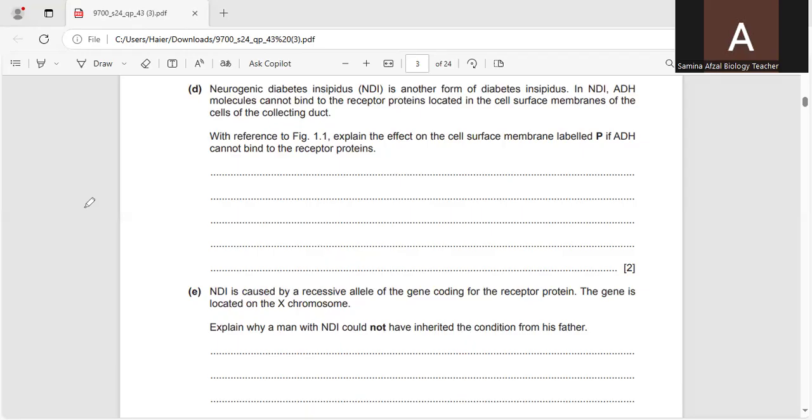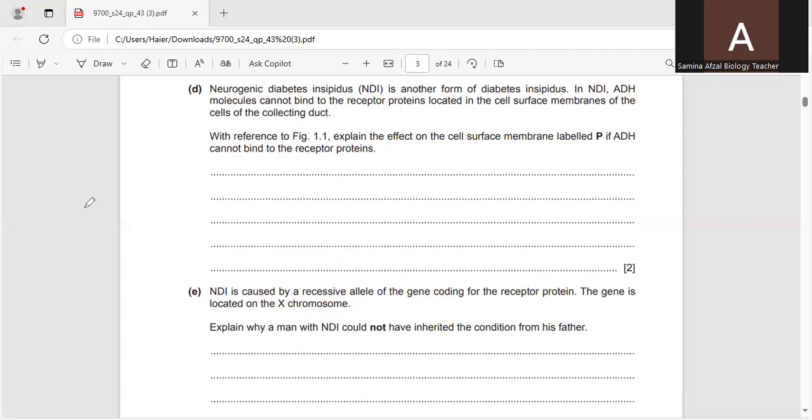So it binds to a specific receptor protein, and as a result of its binding, a signal cascade is triggered, which leads to the insertion of aquaporins into the cell surface membrane, due to which the increased number of aquaporins allows a greater amount of water to be reabsorbed from the filtrate in the collecting duct back into the bloodstream.